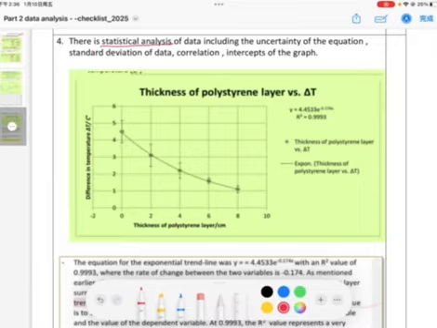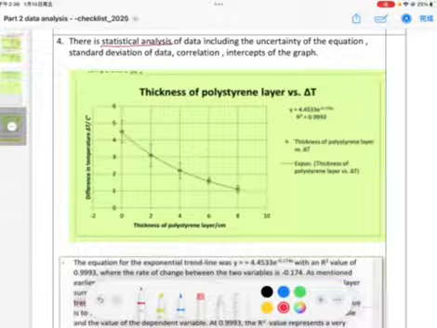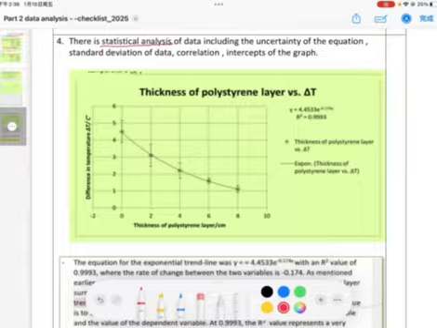Now, statistical analysis is that you need to apply your critical thinking and some statistical terms and analysis to analyze your data and make connections between your data and the conclusion. And that's the most important part in your data analysis.